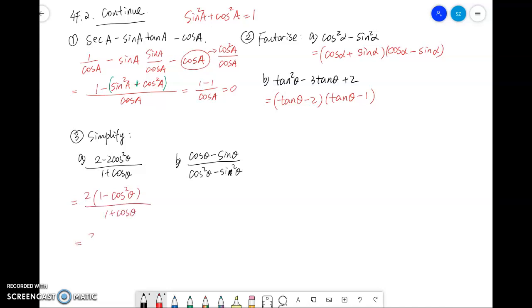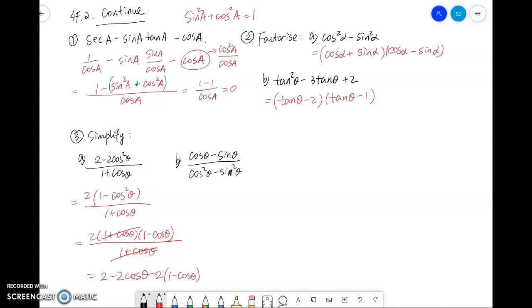Okay, and then I can do 1 plus cos theta, 1 take cos theta, the difference of squares. Okay, and then 1 plus cos theta. Therefore, you cancel that out, equals 2 take 2 cos theta. Yeah? Or you can just leave it in the factorized form, 1 take cos theta.